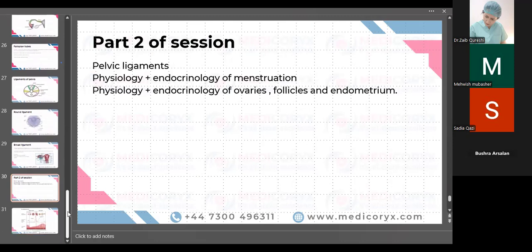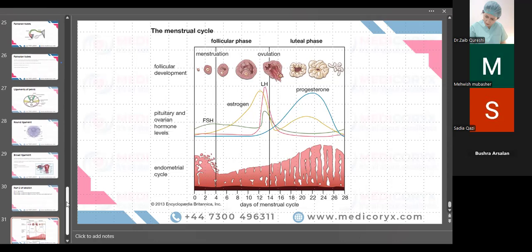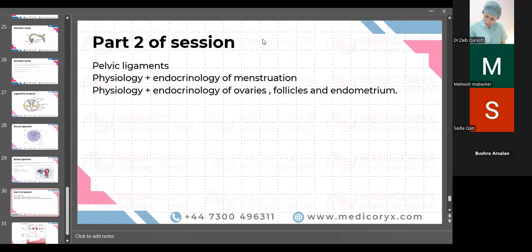We will relate things in a way that if something is happening in the ovary, what is the effect of this procedure on the endometrium, and how ovaries are stimulated to perform this procedure. What is the role of hormones, pituitary hormones and ovarian hormones on the body. So again, you have to be very attentive in attending the second part of the webinar. I will announce the date and the timing soon.